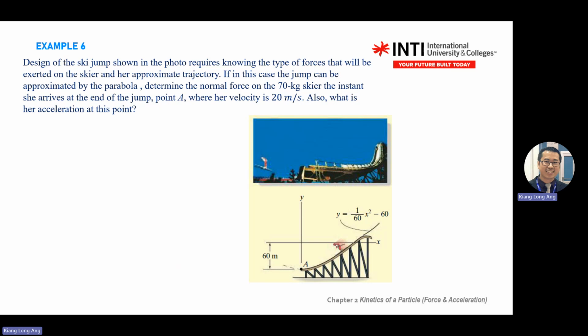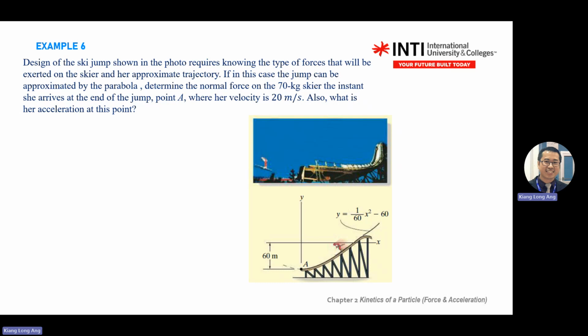In this case the jump can be approximated by a parabola. Determine the normal force on the 70-kilogram skier the instant he arrives at the end of the jump, point A, which means the contact force. At point A, where the velocity is 20 meters per second, what is the acceleration at this point? So you need to find the acceleration at this point.